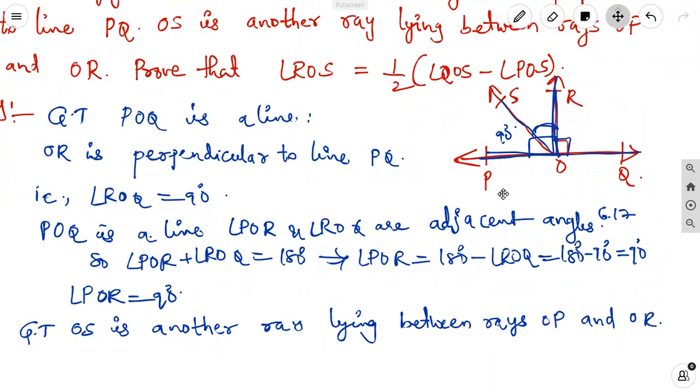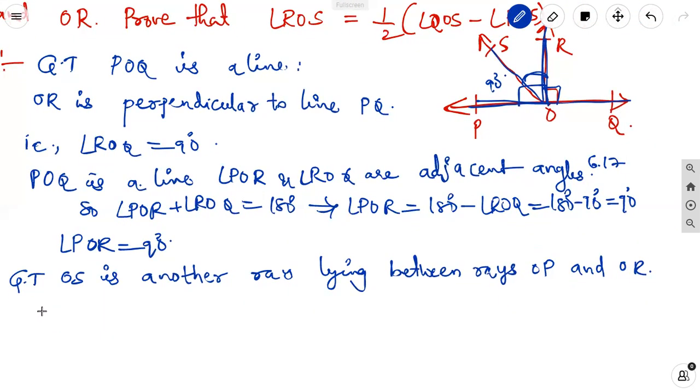What we have to prove is that angle ROS equal to 1 by 2 of angle QOS minus angle POS.